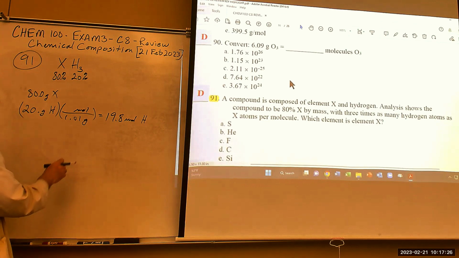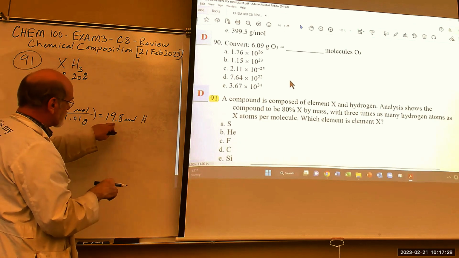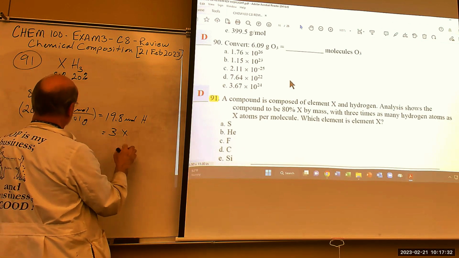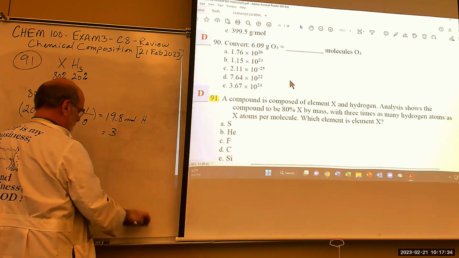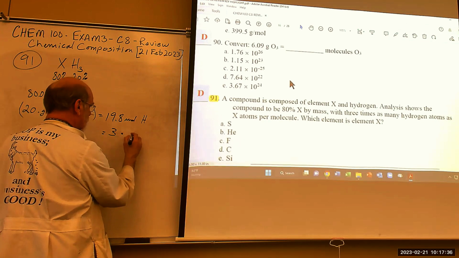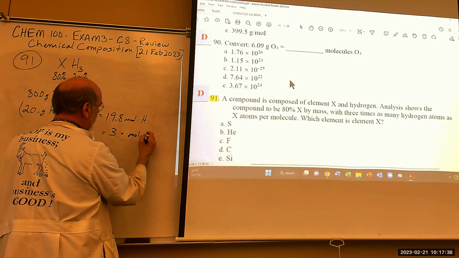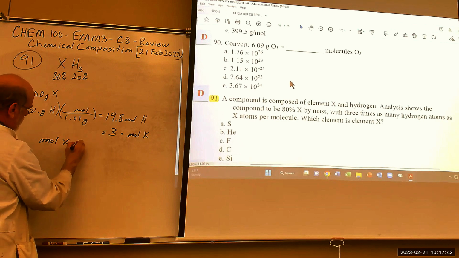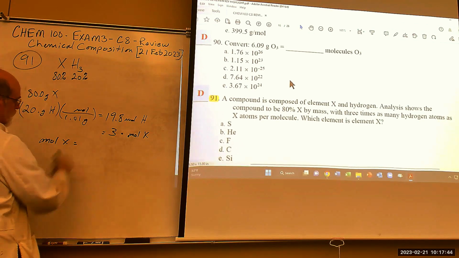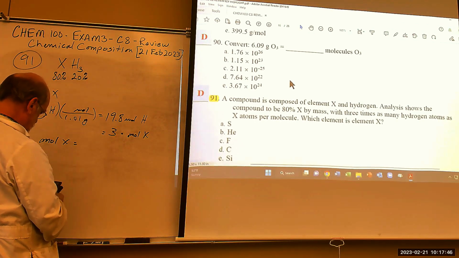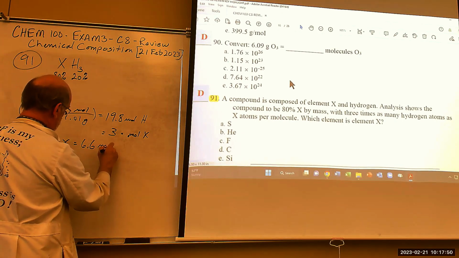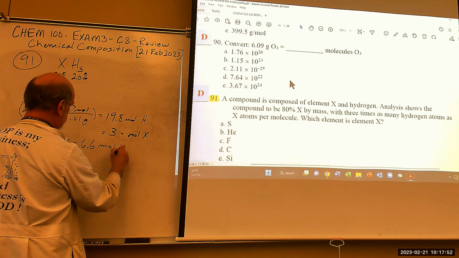This is equal to 3 times the moles of X. So moles of X has to be 3 divided into that, or 6.6 moles of X.